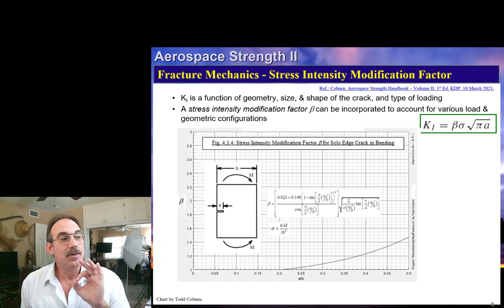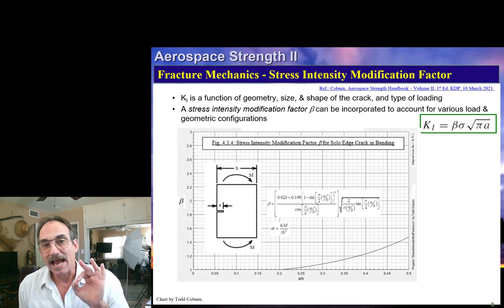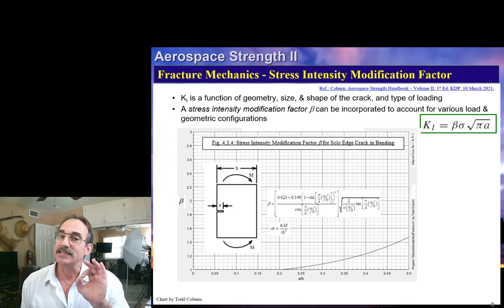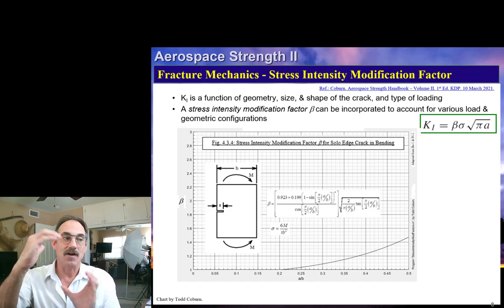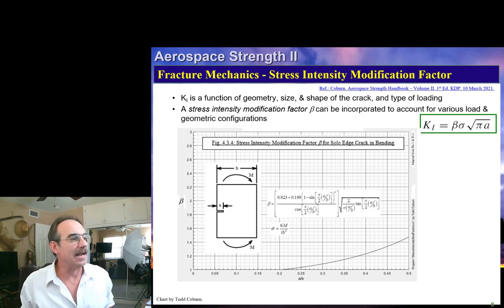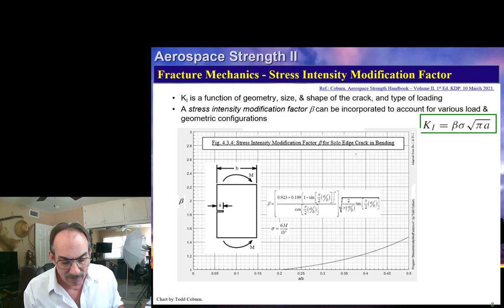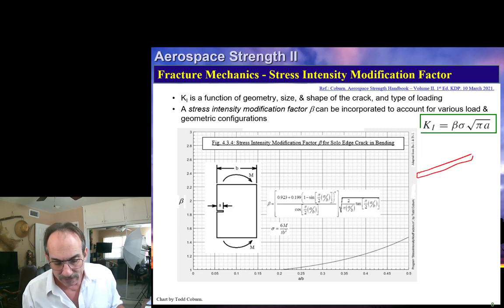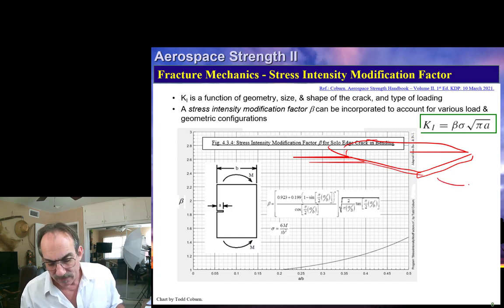Now you'll notice this looks quite similar. We have an edge crack again, but the loading is different. Now what we have is bending on the part. For example, parts that might be like this would be if we have a thin part like this with a bending moment that goes like this with an edge crack on the side that's getting tension.